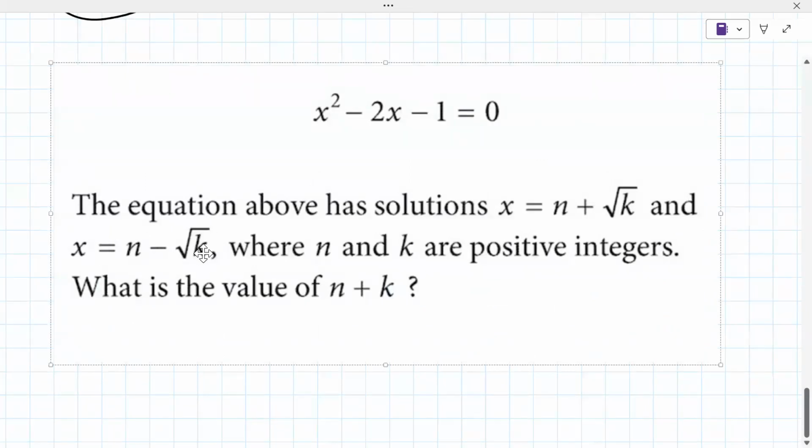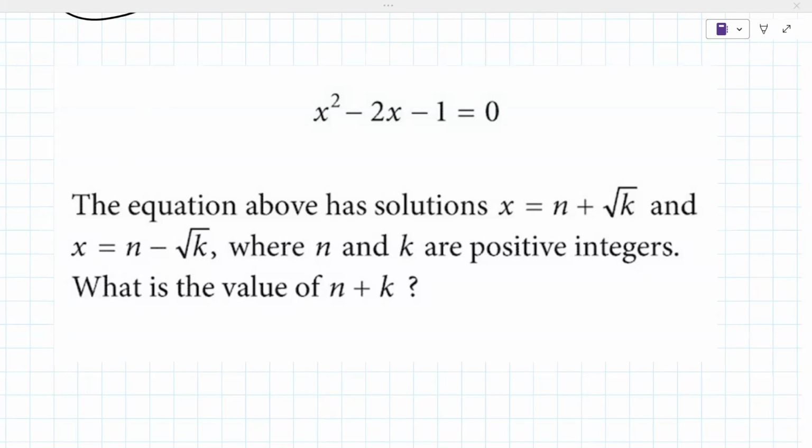You need to find K, but you also need N, and then you have to add N plus K. There's no shortcut here. You still have to do the quadratic formula, but you're adding N and K together, which ends up being a number in this case. So you have to do the quadratic formula just like before and add the results of N and K. Give that a try, please, if you don't mind.